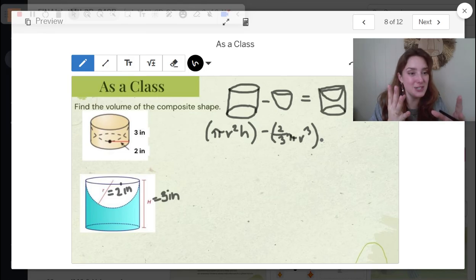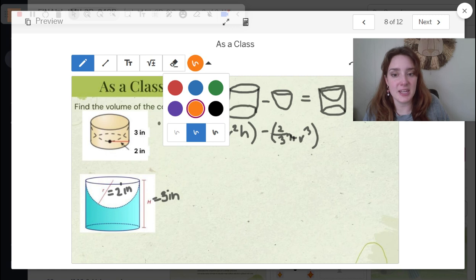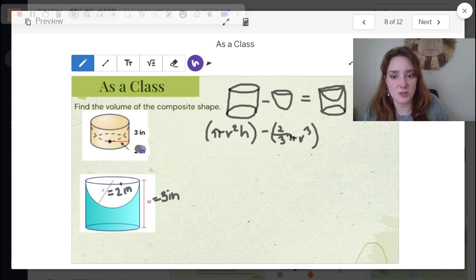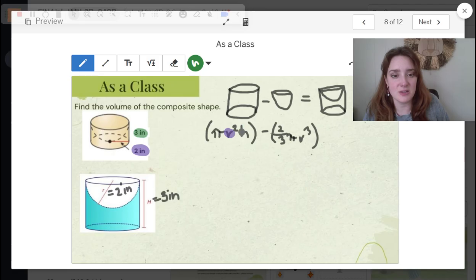We're going to take the volume of the cylinder minus that hemisphere to give us this new shape. Cylinder first, we're just plugging in. The radius was 2 and the height was 3 inches.